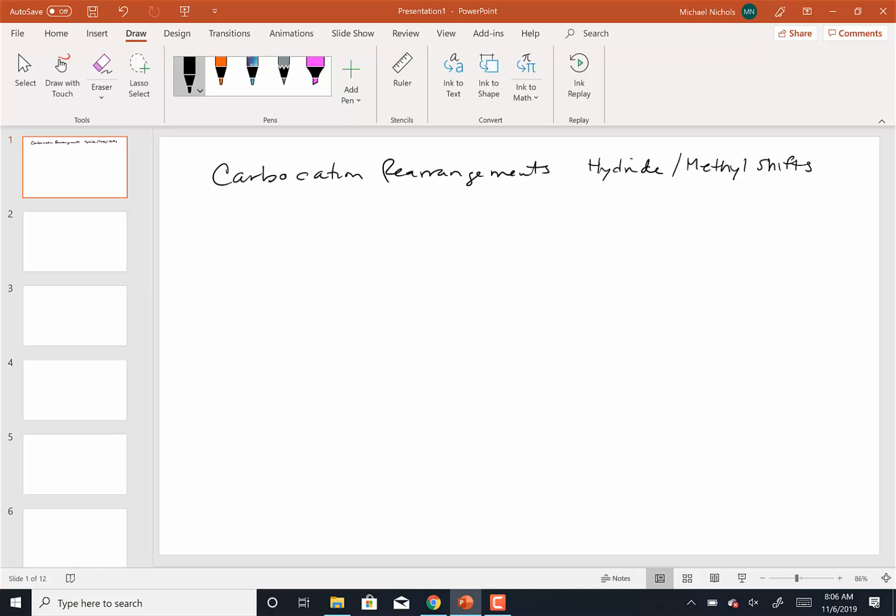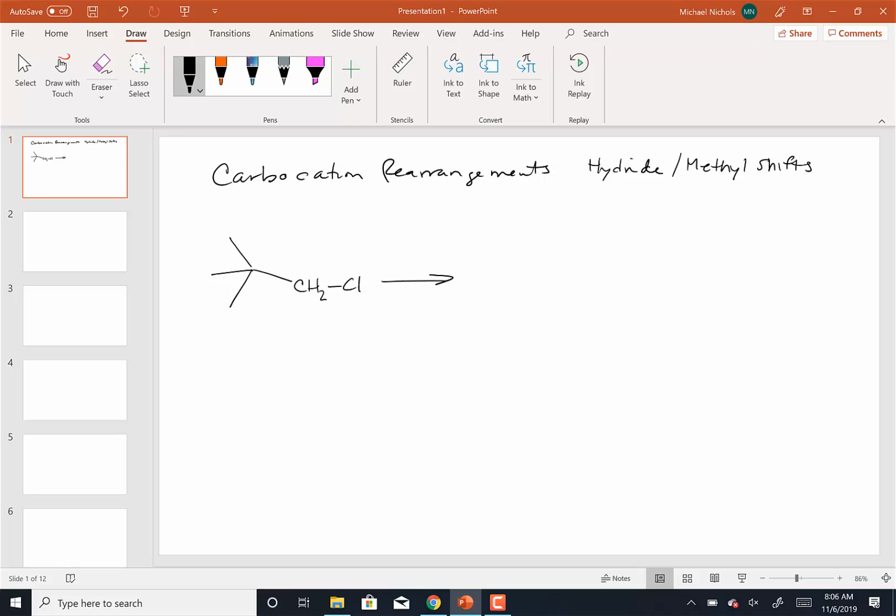And so what is this carbocation rearrangement? What is this methyl or hydride shift? Let me give you an example that really happened when I taught down at OU.